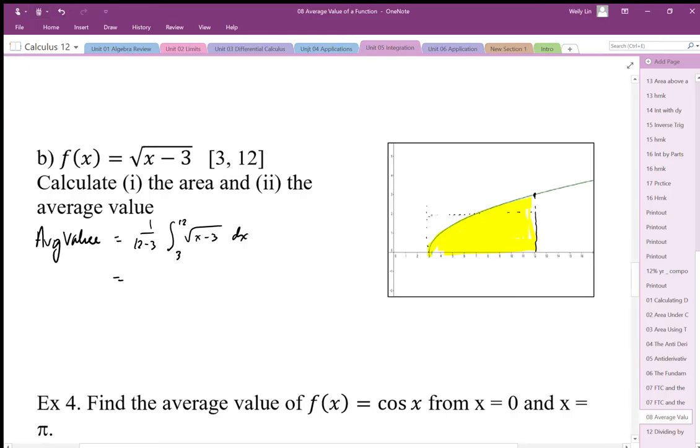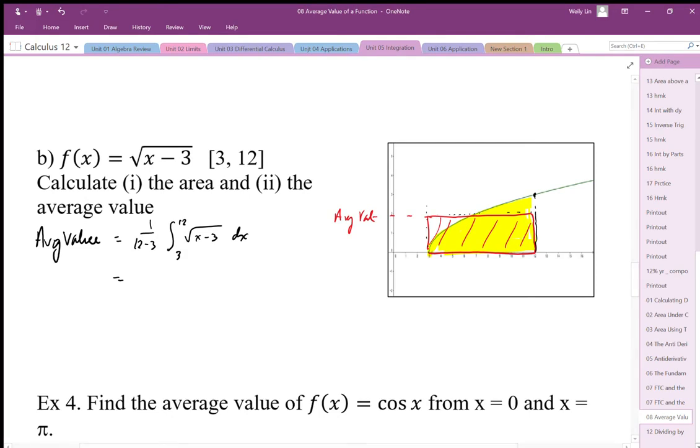I'm going to imagine that the red box has the same area as the yellow area, and the height of that box is my average value, or the average height.